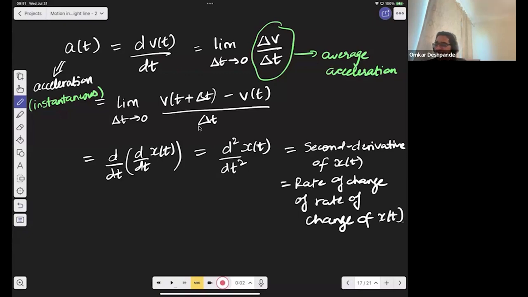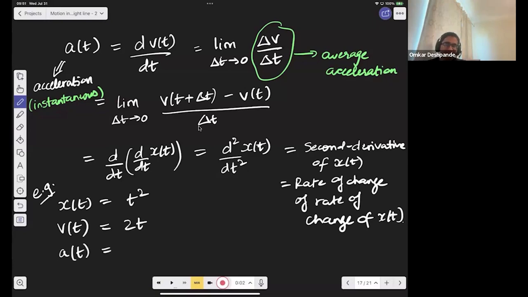As a trivial example, if x of t is t square, what was v of t? v of t was the derivative of x of t, so it would be 2t. Now what would be the acceleration function if v of t is 2t? Well, we take one more derivative.